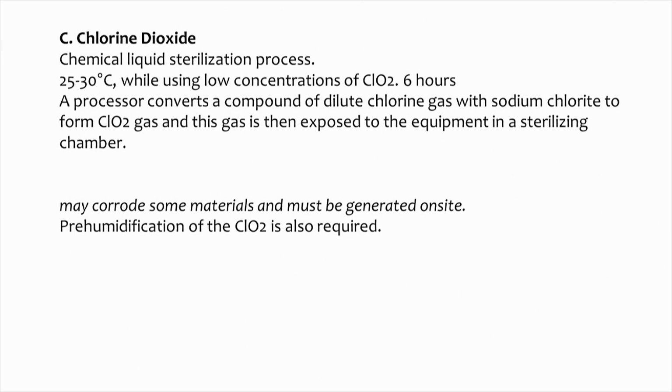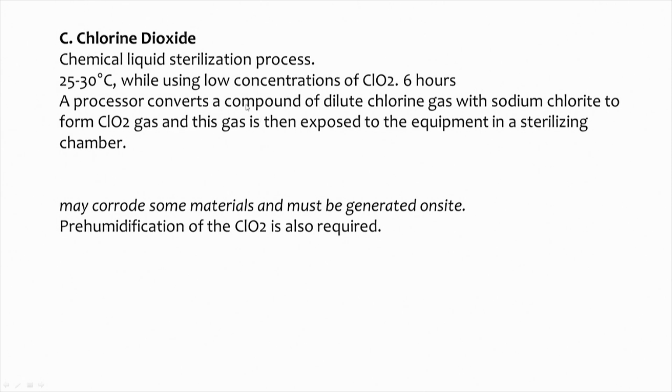Chlorine dioxide is a liquid based sterilization, 25 to 30 degrees for 6 hours. How do you produce this? Dilute chlorine gas with sodium chloride to form chlorine dioxide gas, and this gas is then exposed to the equipment in a sterilizing chamber.